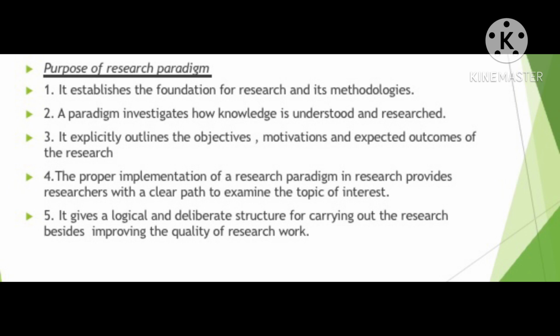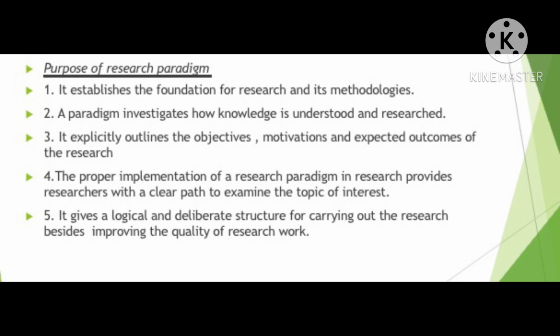First point is it establishes the foundation for research and its methodologies. A paradigm investigates how knowledge is understood and researched. Third point is it explicitly outlines the objectives, motivation, and expected outcomes of the research. Fourth point, the proper implementation of a research paradigm provides researchers with a clear path to examine the topic of interest.